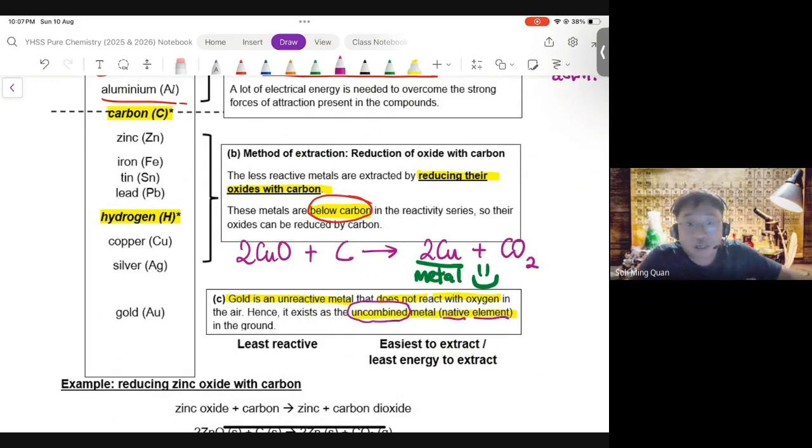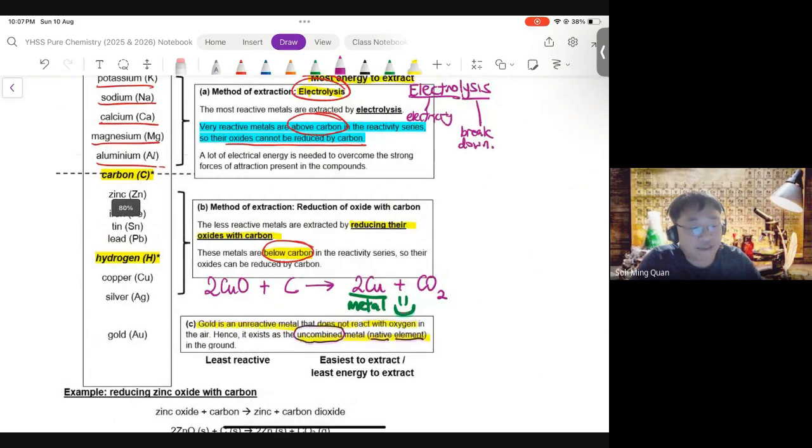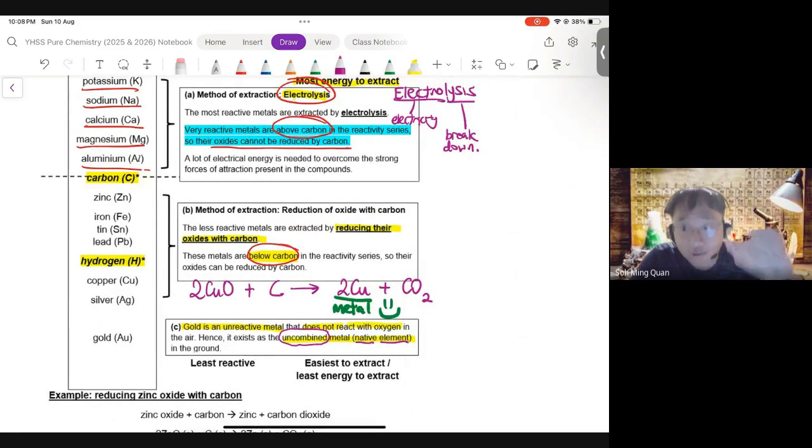Now if you zoom out, you can see A, B, C. May I encourage us to learn these three separately, but with reference to their position in the reactivity series. A, above carbon, cannot be reduced by carbon, therefore must be extracted by electrolysis with a lot of energy.